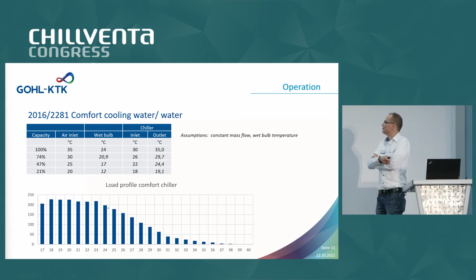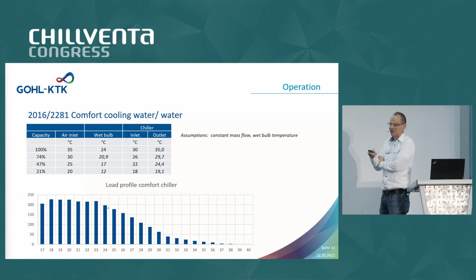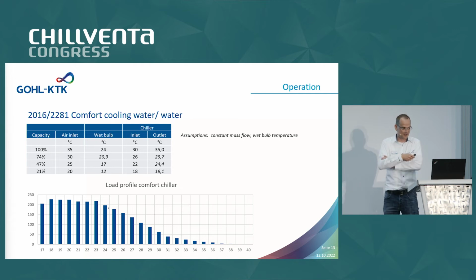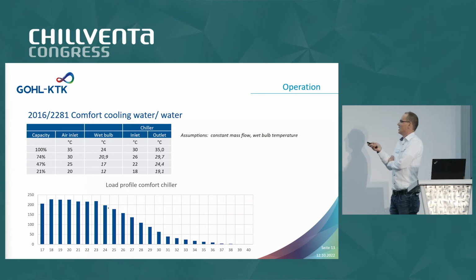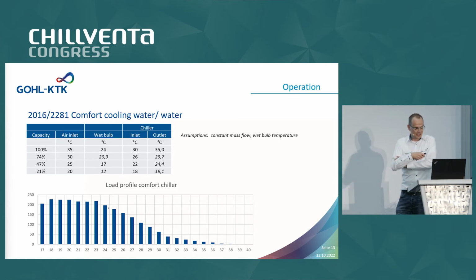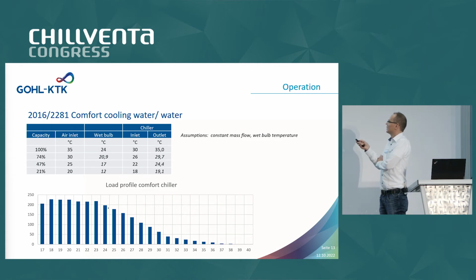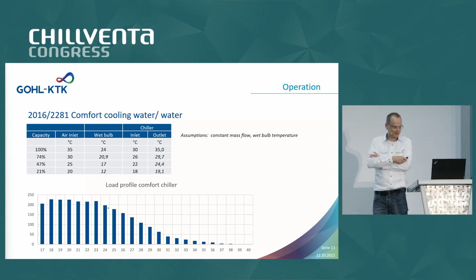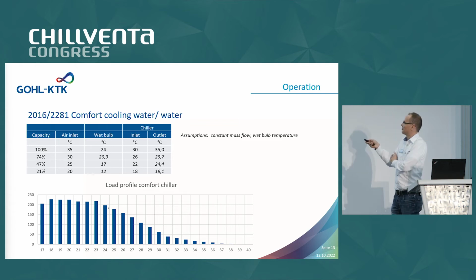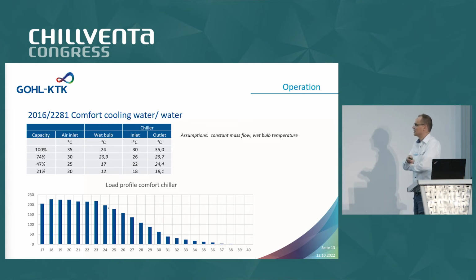because we see here the directive says if I have 100% capacity, air inlet would be 35 degrees, wet bulb temperature could be 24 degrees, and then I should have at the inlet 30 degrees, and then I made a calculation. 35 degrees is quite normal, and I did some assumptions. So I kept the mass flow through our cooling system constant, and with that I calculated the outlet temperatures.